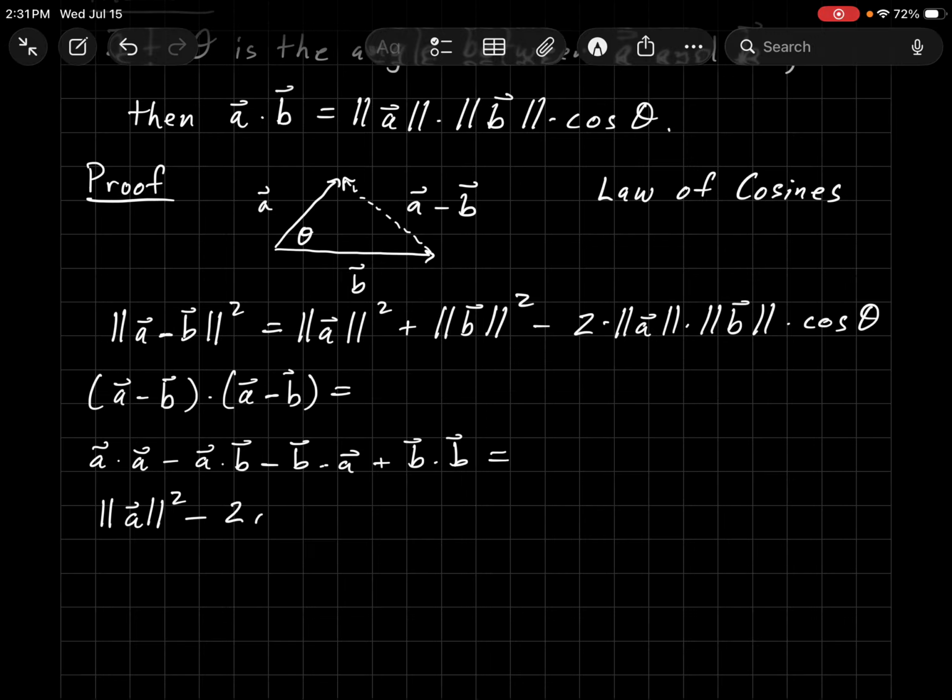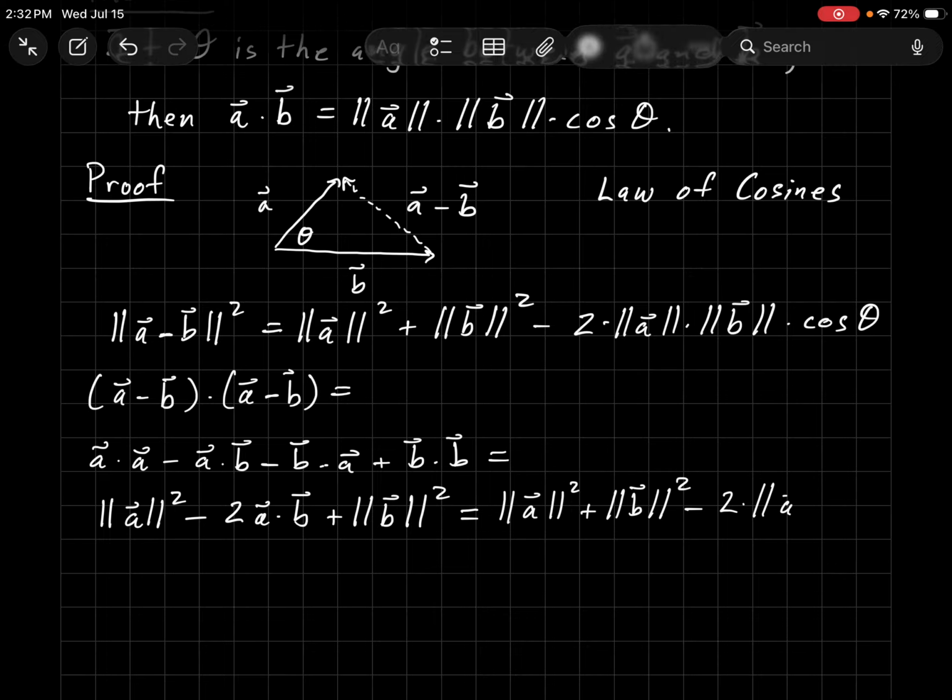So I have minus 2 A dot B, and then plus B dot B is the magnitude of B squared. So now I'm going to rewrite the original right side of the equation, giving us magnitude of A squared plus magnitude of B squared minus 2 times the magnitude of A times the magnitude of B times the cosine of the angle between them.